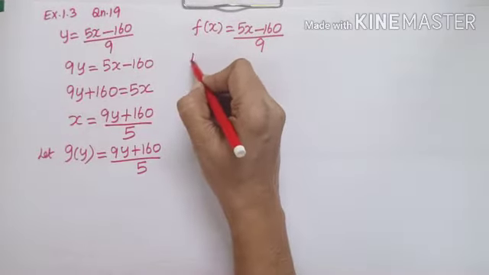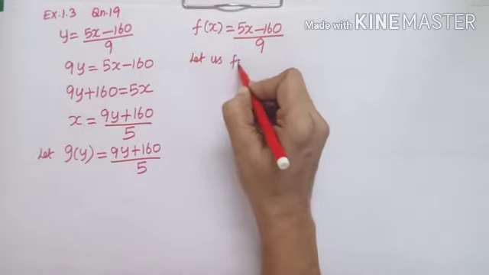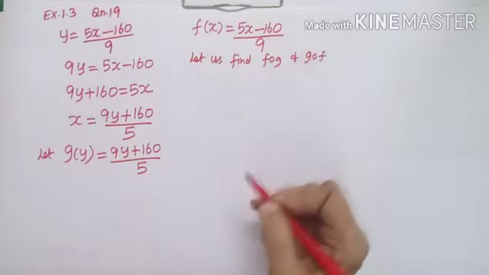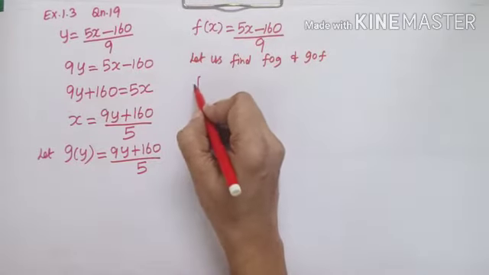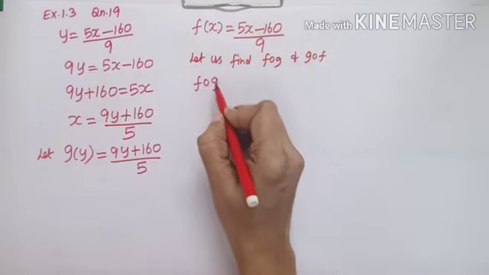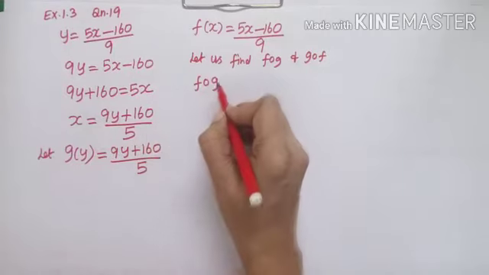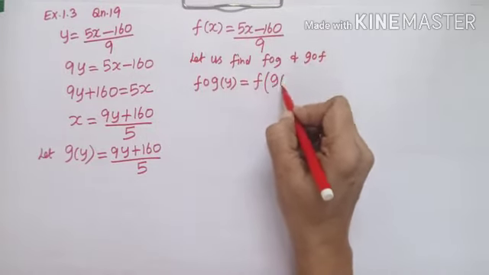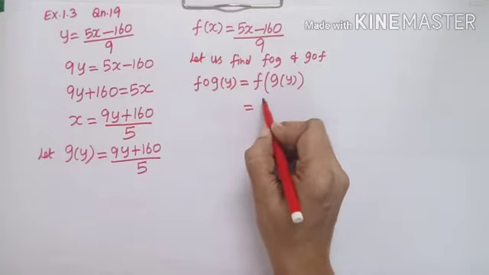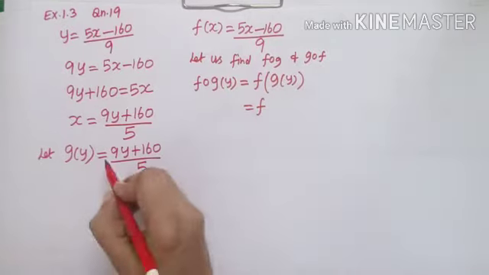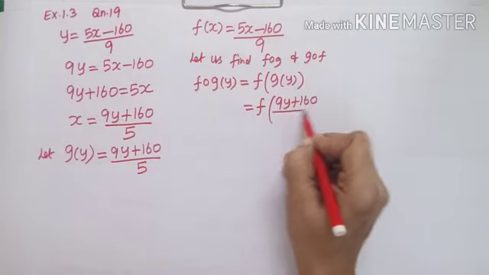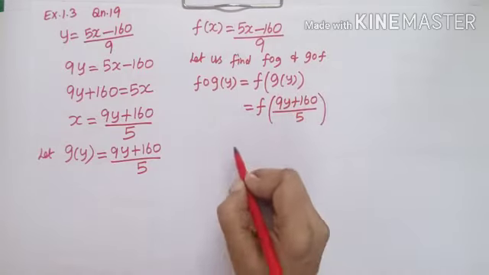We need to find f composition g and g composition f. What is f composition g? g comes, I have to put y equals to f of g of y. f of, what is g of y? (9y plus 160) divided by 5.